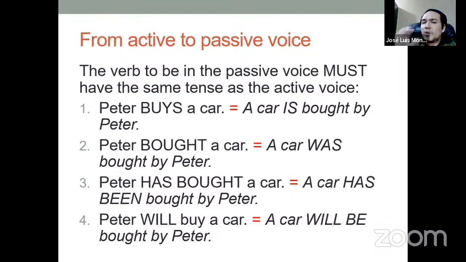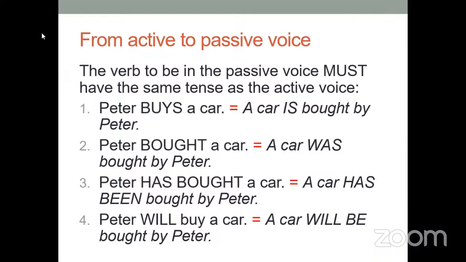This is an example of different tenses in active voice and in passive voice. All right, so let's also read this, please, Danitza. Okay. The verb to be in the passive voice must have the same tense as the active voice. Peter buys a car. A car is bought by Peter.